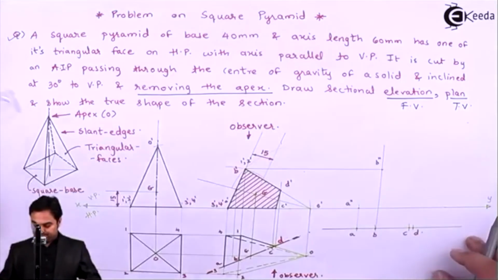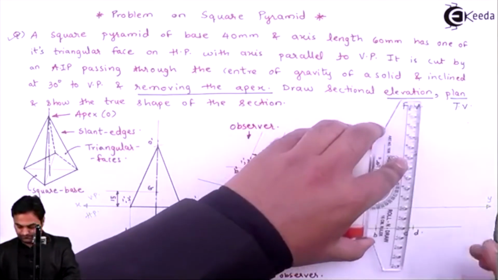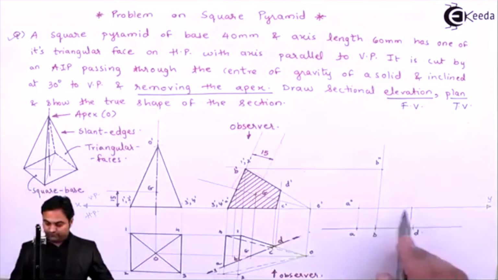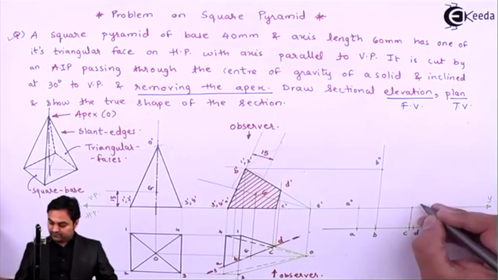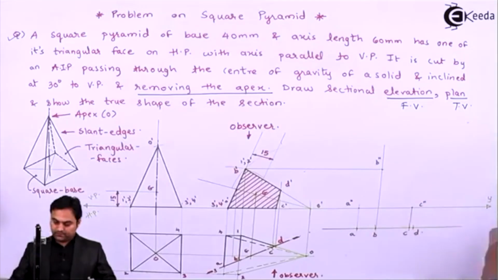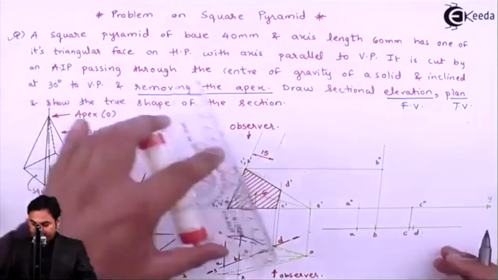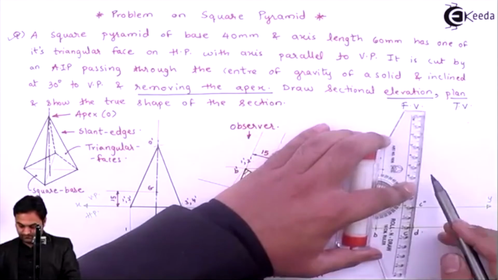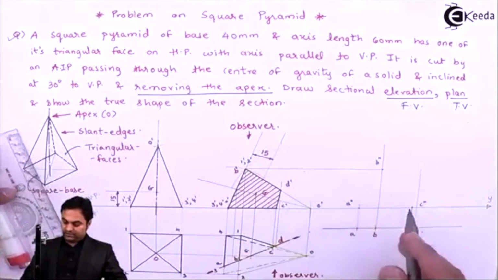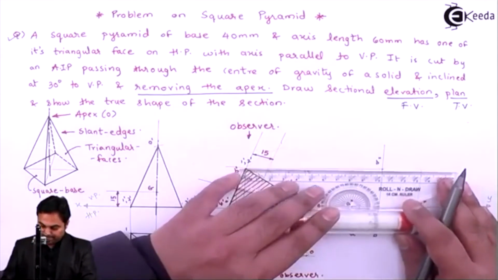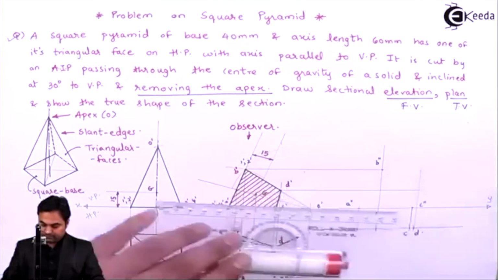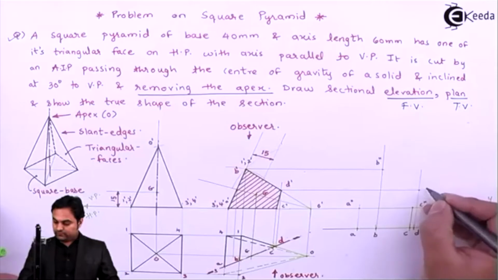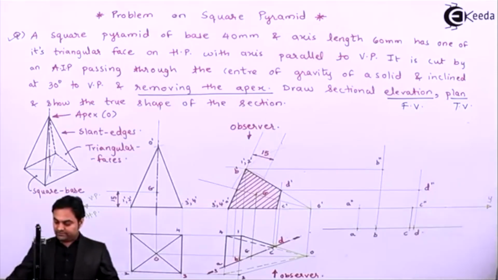Then point C. So where C and C dash intersect, that will give me C double dash. At last point D, and here we have D dash. So here we have D double dash.